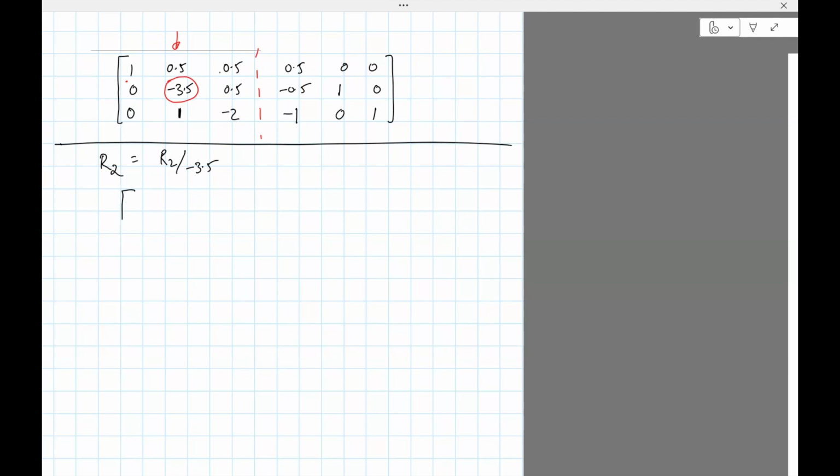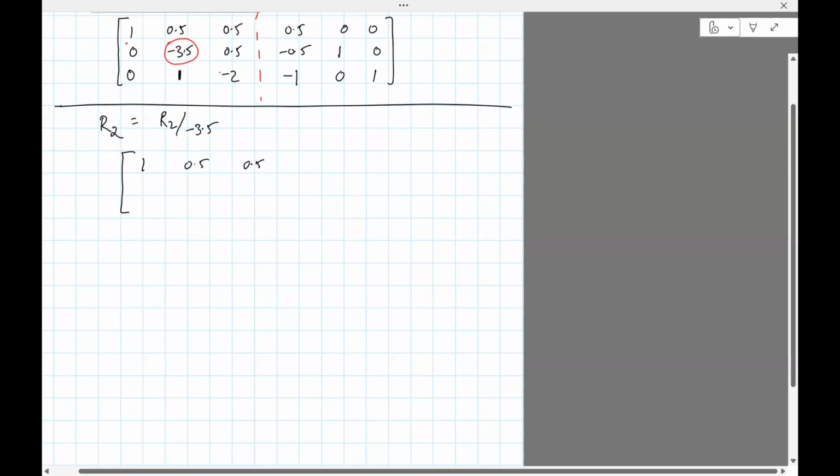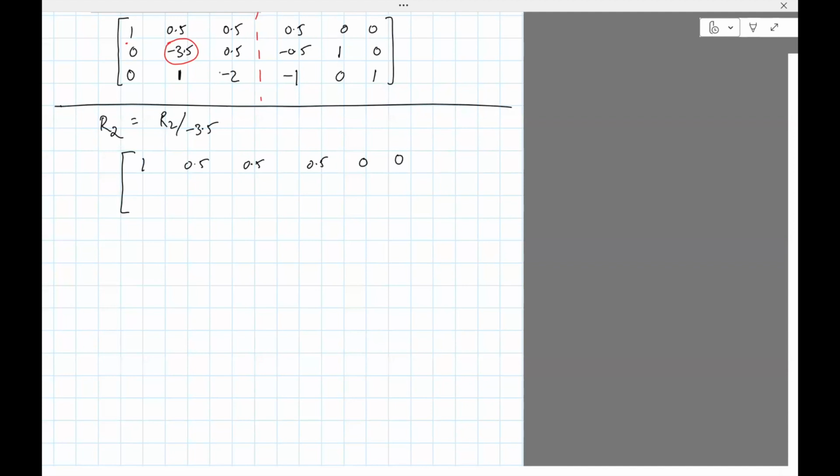So let's do that. The first row is unaffected. The third row is also unaffected, so you can just copy it as is.